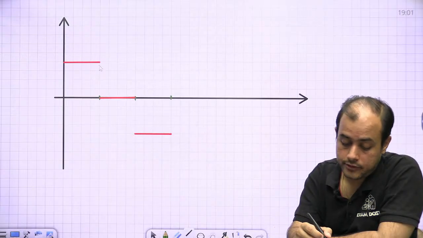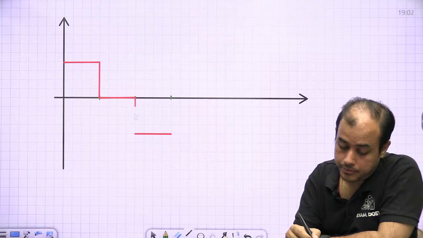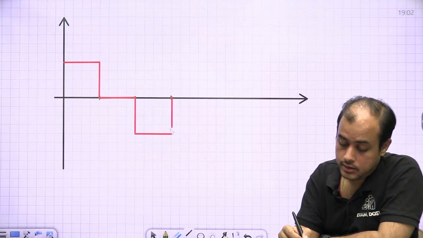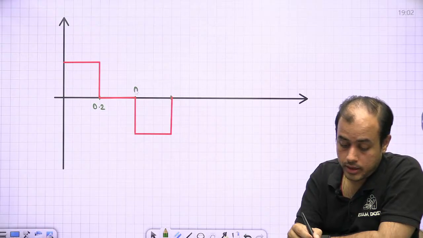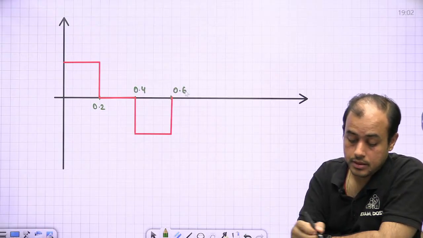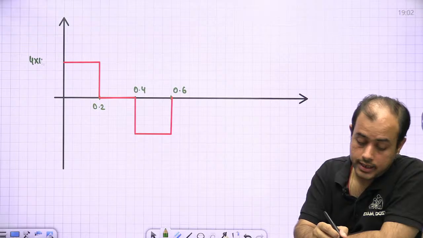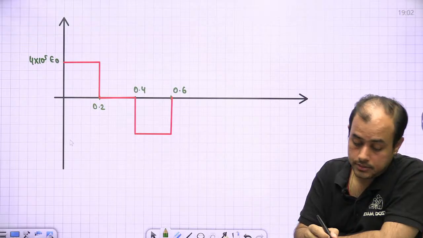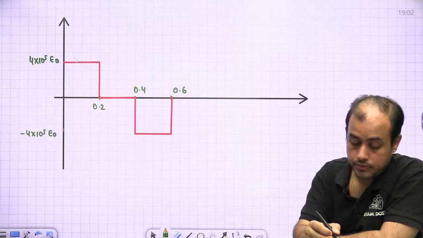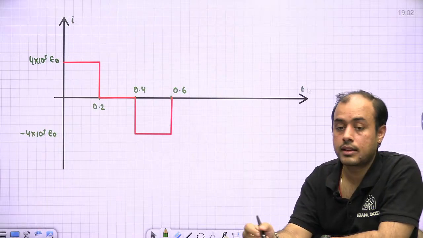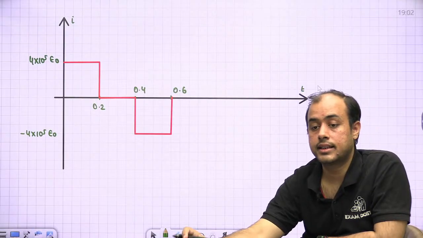Then again 0.4 to 0.6 is 4 into 10 to the power 5 epsilon naught with a negative sign. Okay, क्लियर हुआ कैसे करंट बनेगा?